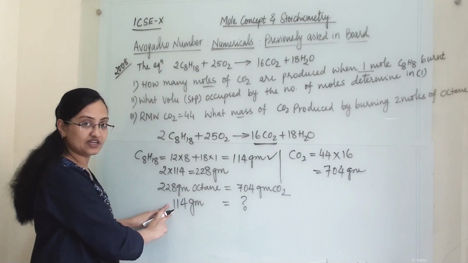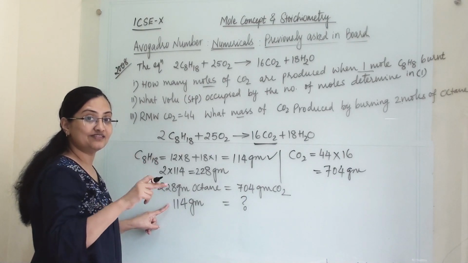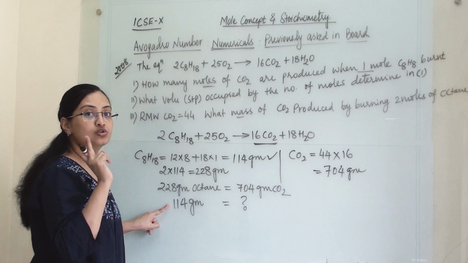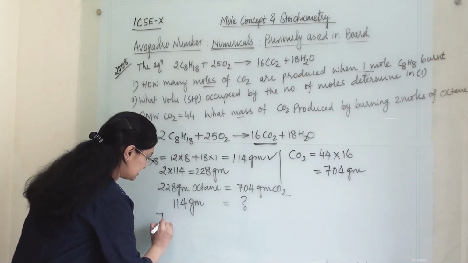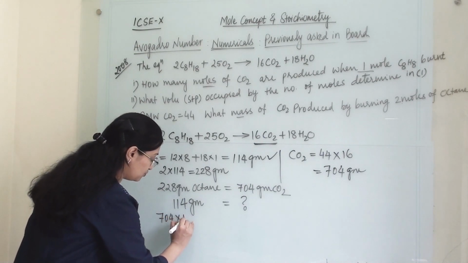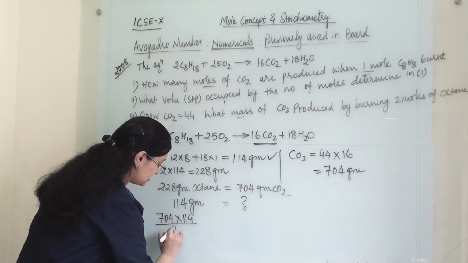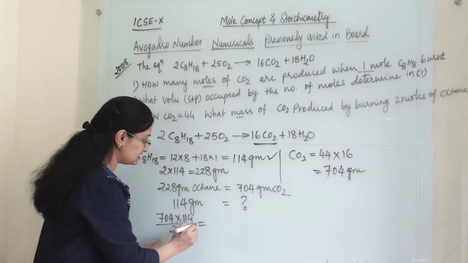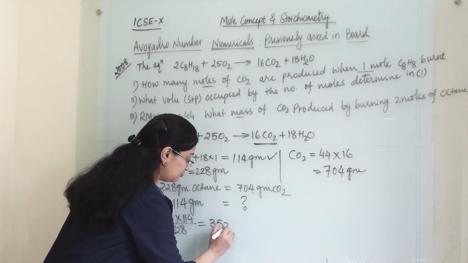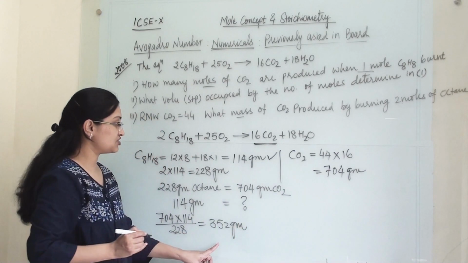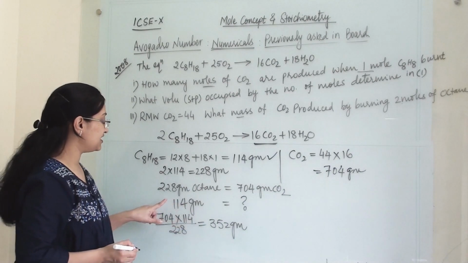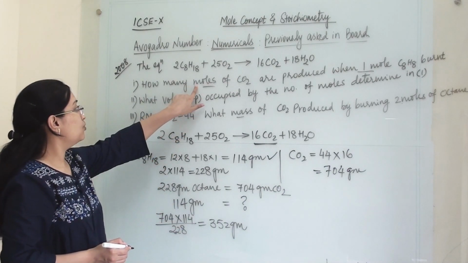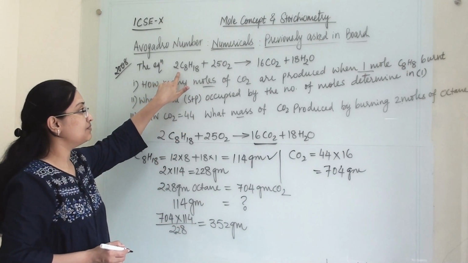Now calculating with the molar mass, it will give us 1 mole of octane. So the answer is 704 into 114 divided by 228. The answer is 352 gram. So this much carbon dioxide will be generated when 1 mole of octane is burned.